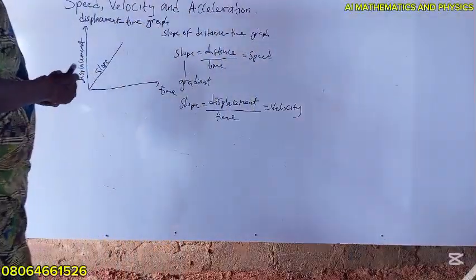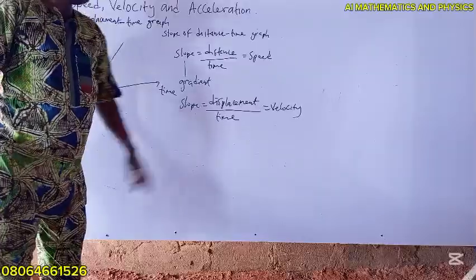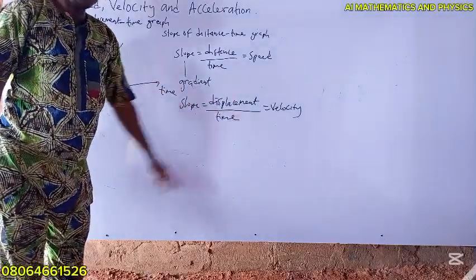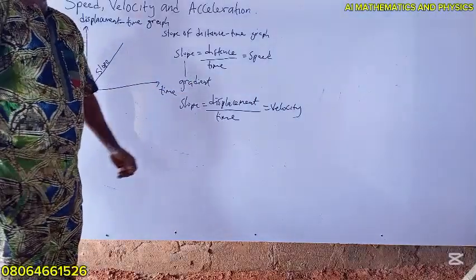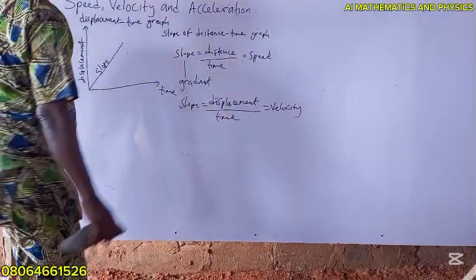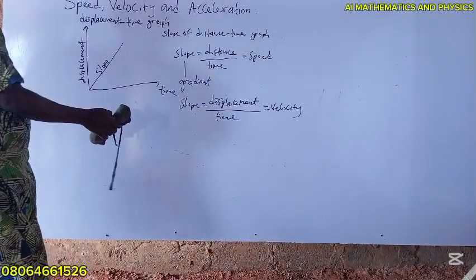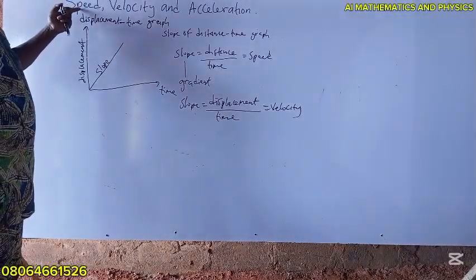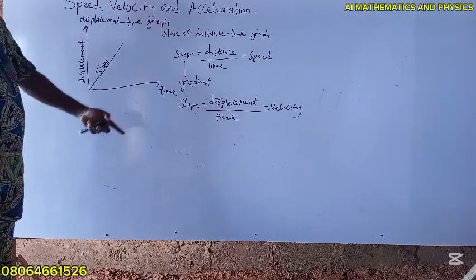You can see that the slope of distance time graph is speed, while the slope of displacement time graph is velocity. And note, slope also means gradient. So you can meet this in OBJ questions in any exam. We have dealt with speed, distance against time, and velocity, displacement against time.